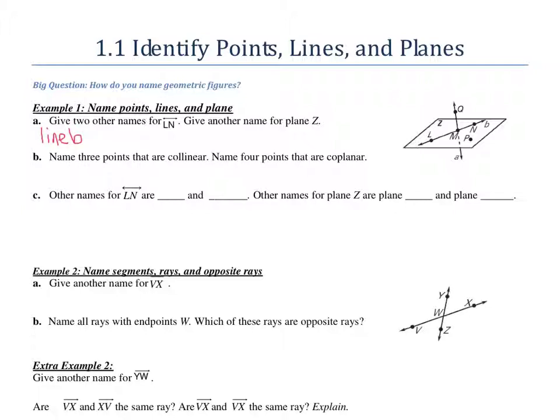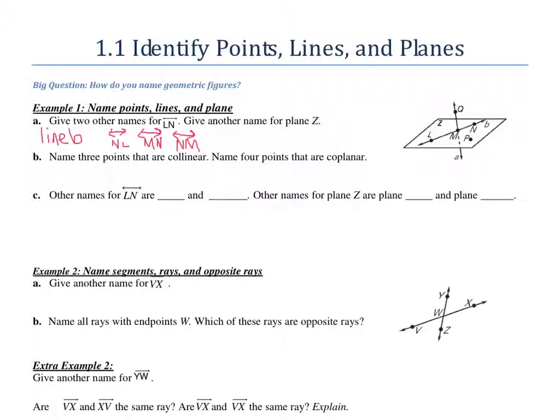So I could write that, or line NL, or line MN, or line NM. We just need two of those though, because it says give two other names for line LN.